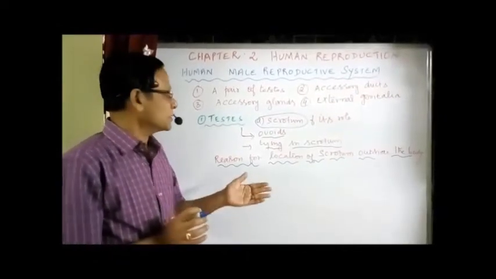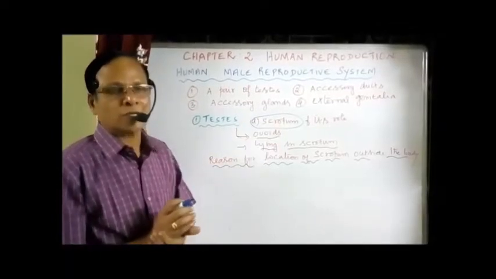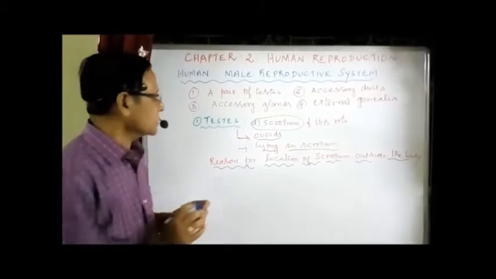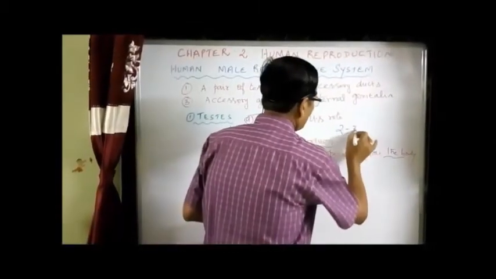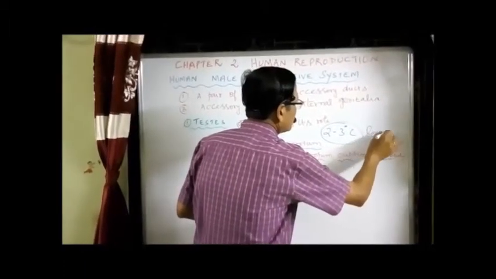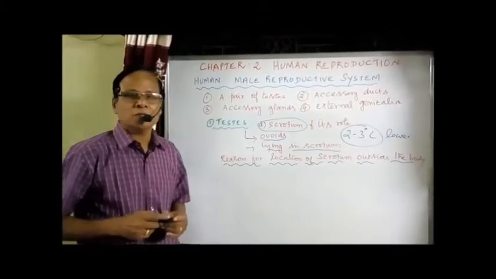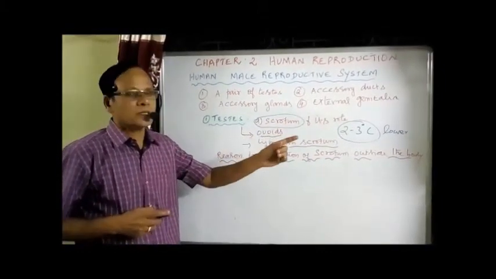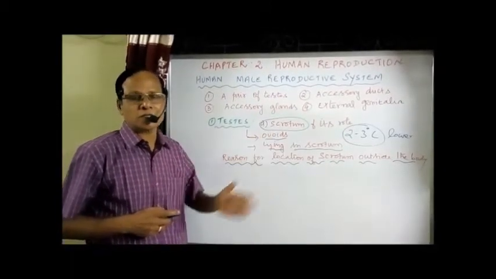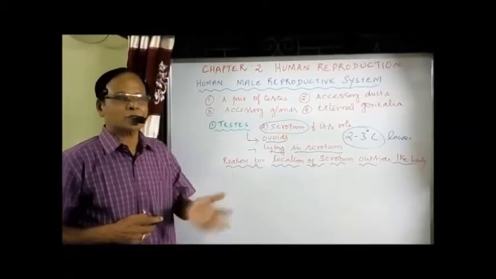So the main reason for placing the testes in the scrotum outside the body cavity is to have a temperature 2 to 3 degrees Celsius lower than the normal body temperature, because normal body temperature cannot allow the formation of spermatozoa by spermatogenesis.